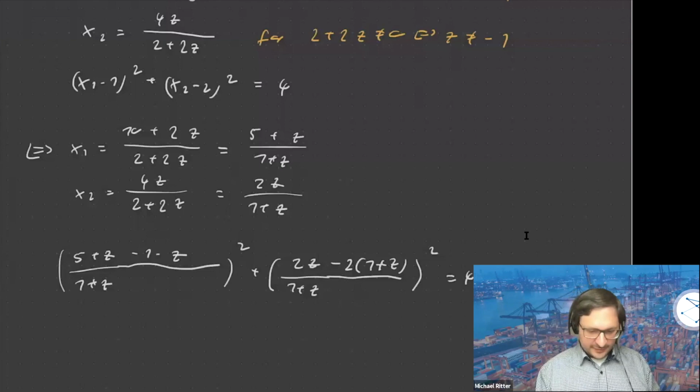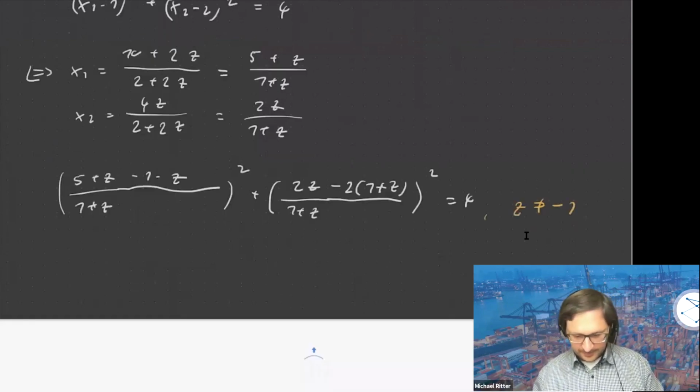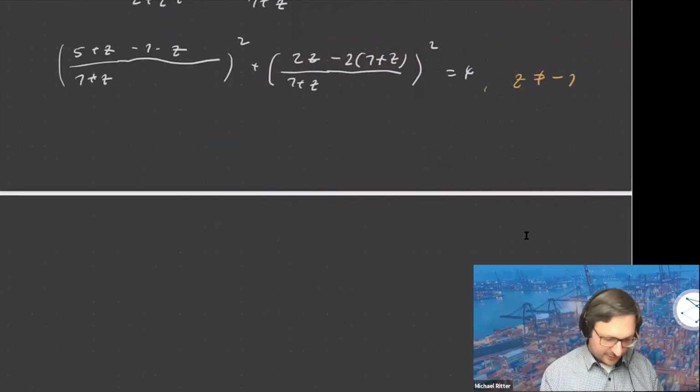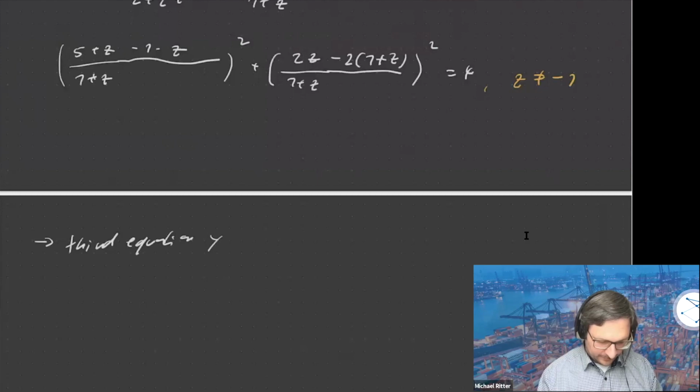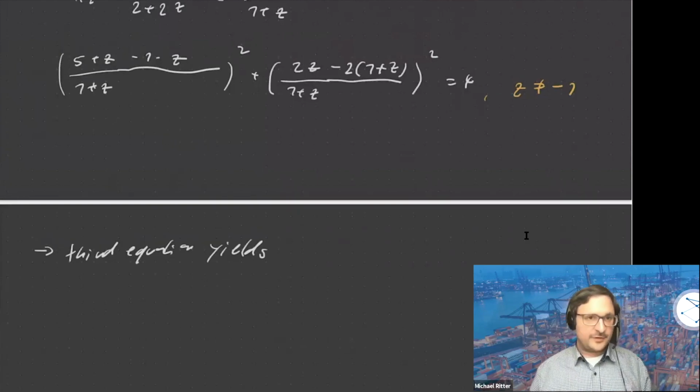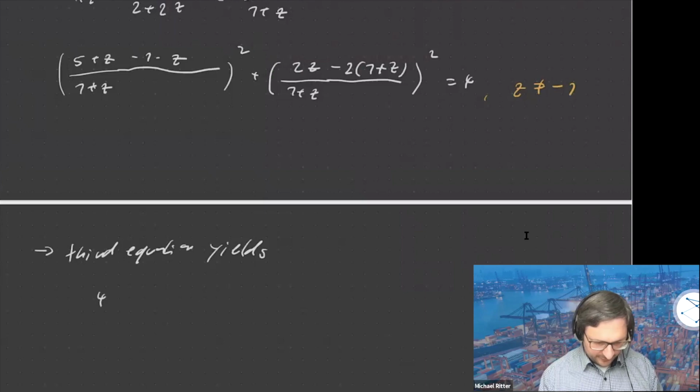Okay, so this third equation, let's have a look at that one. We can now try and solve that for z. Let's simplify that a little. We get a 4, 5 minus 1, z minus z, that cancels out nicely enough.